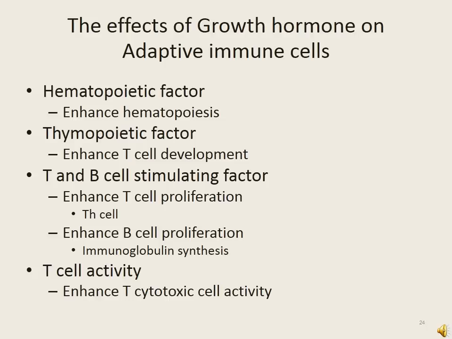It has an effect on both T and B cells, and we can call it a T and B cell stimulating factor. It enhances T cell proliferation, more of them going to T helper cells, as well as it enhances B cell proliferation and induces immunoglobulin synthesis. And for the effect on activity, they show that growth hormone has an effect on T cell activity, especially for the T cytotoxic cell.